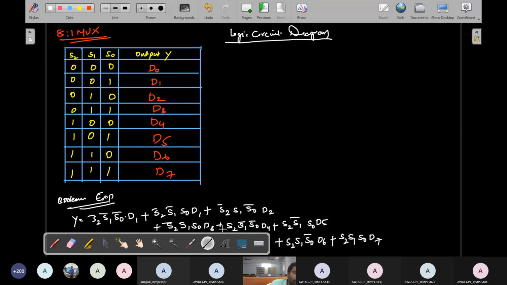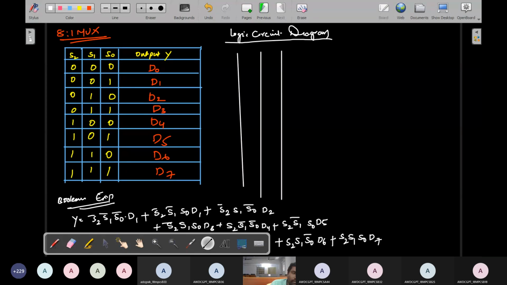I draw the 3 input terminals here. So this is S1, and this is S0, this is S1, and this is S0. After that I draw the complementary lines also.